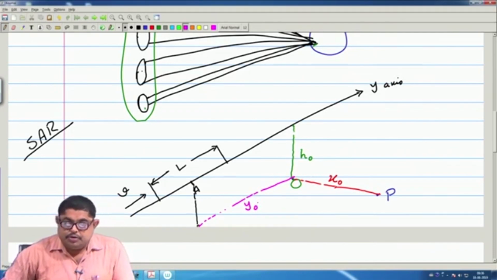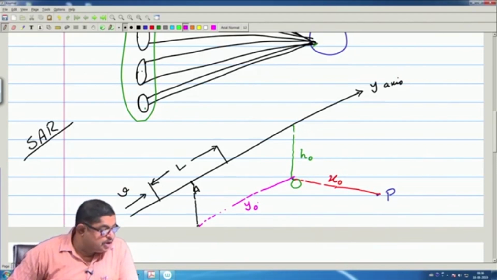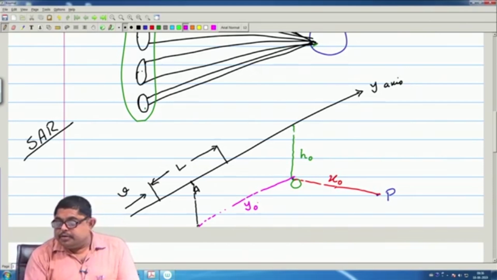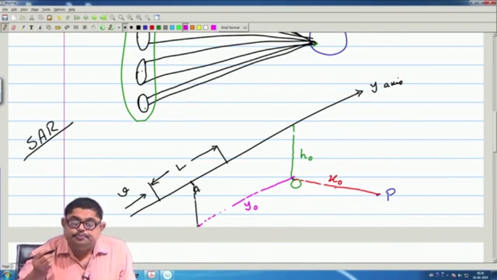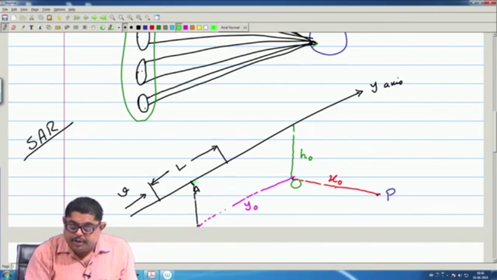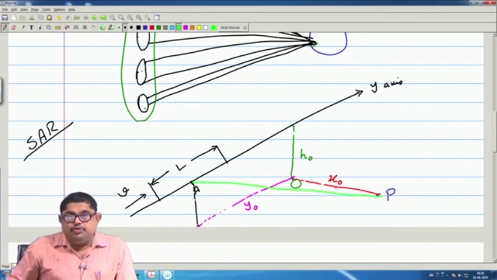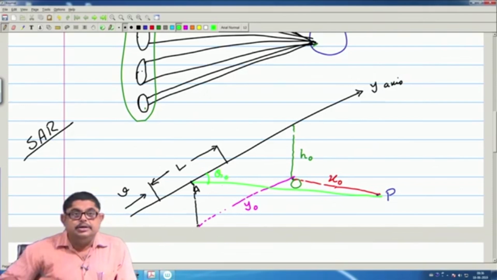That means A's coordinates are y naught, x naught and h naught. Also there is an angle necessary because A is at a height. So, if I join A to P, then that angle it is making, I am calling it theta naught.